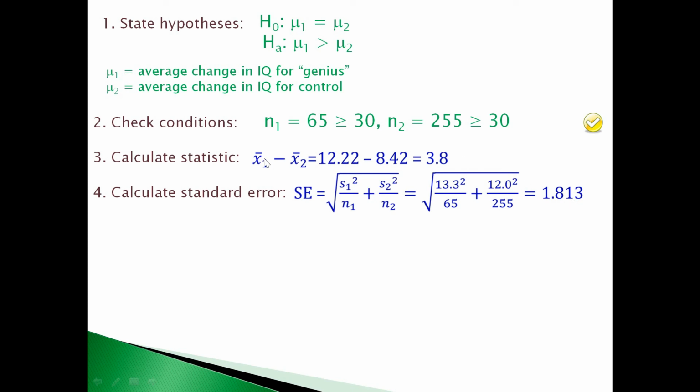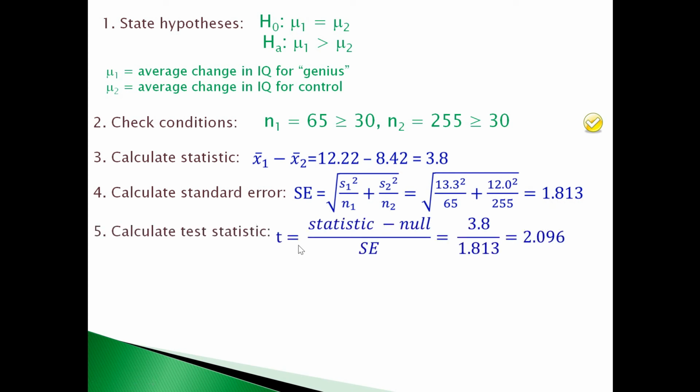Once you have the statistic and the standard error, you can go ahead and find T. T is the statistic minus the null, which is 0, divided by the standard error. So T is 2.096.